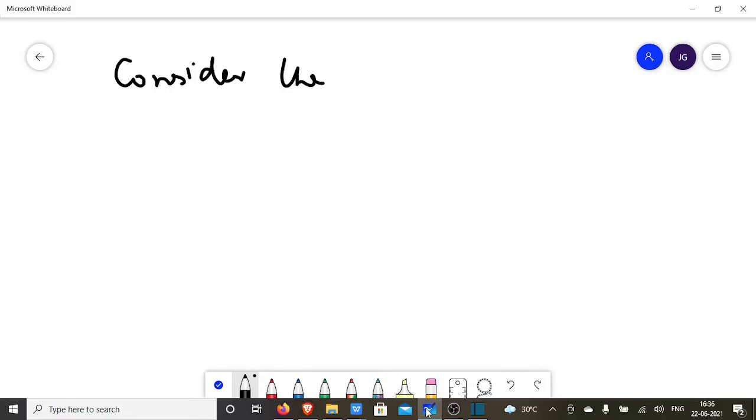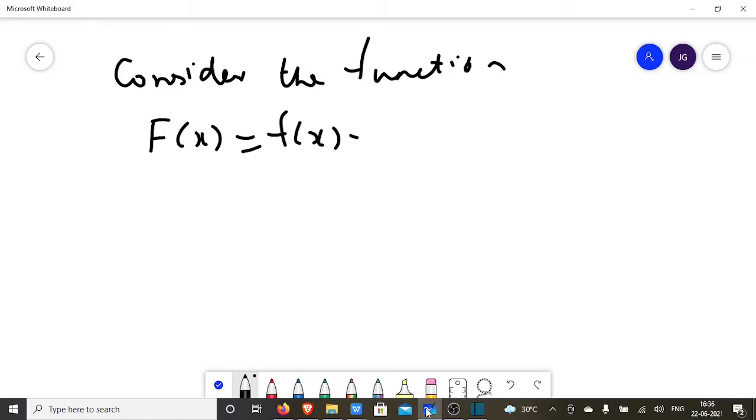Consider the function capital F of x equal to f of x minus g of x on the closed interval [a, b].